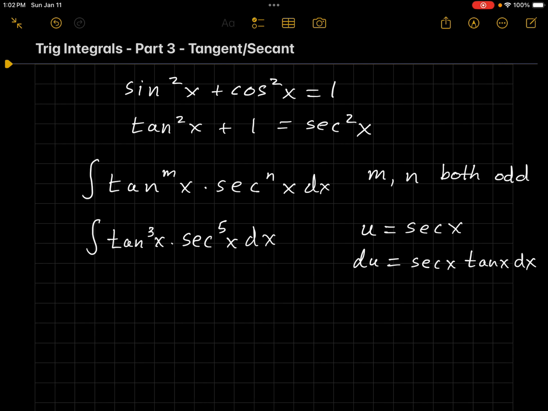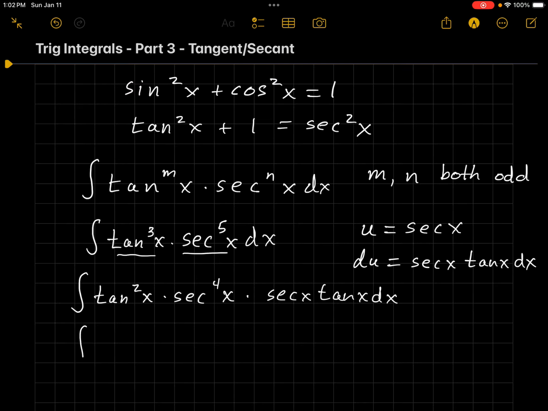So I will pull one secant and one tan out of each piece and rewrite it as tangent squared times secant to the fourth of x times secant x tan x dx, which is my du.